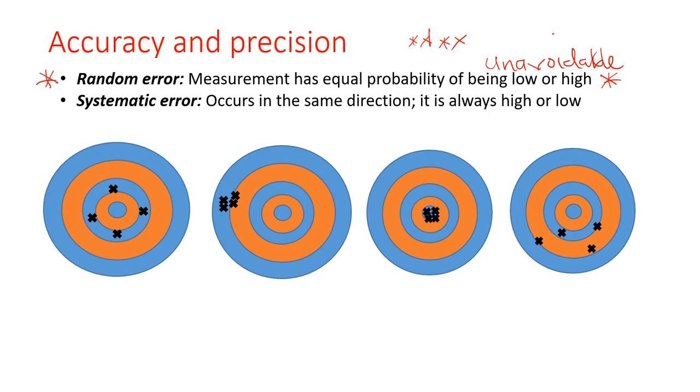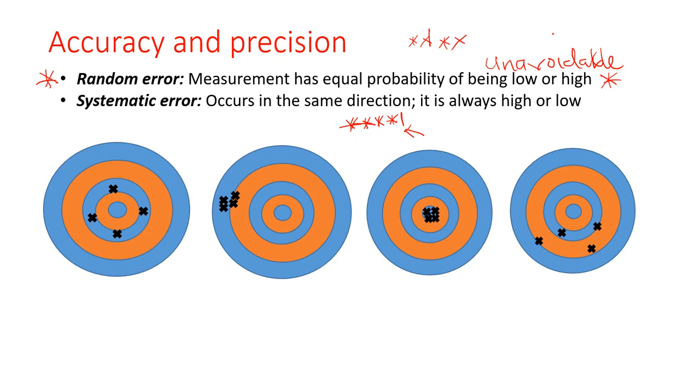Systematic error just occurs one side or same direction. If my measurement is here, all my other measurements will be only this side, that is if this one is my true value. All the other measurements are on one side. They can be systematically low or systematically high.